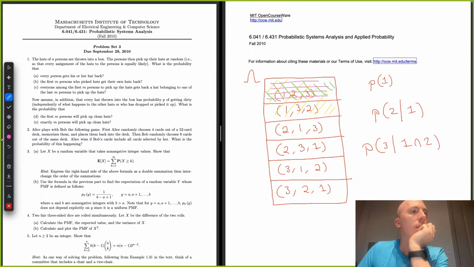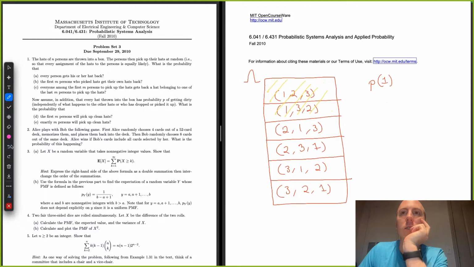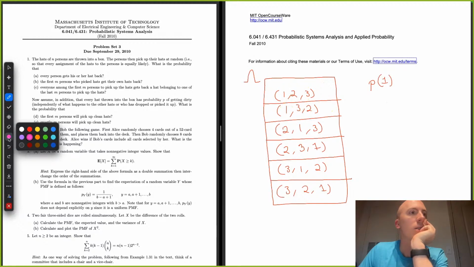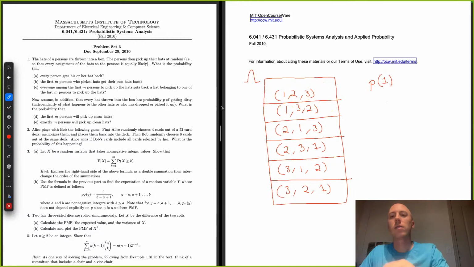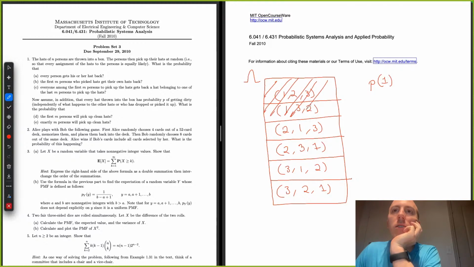I don't want to do it in terms of maybe just the crisscross things. Okay, so with the crisscross things, the probability of 1 is this right here.